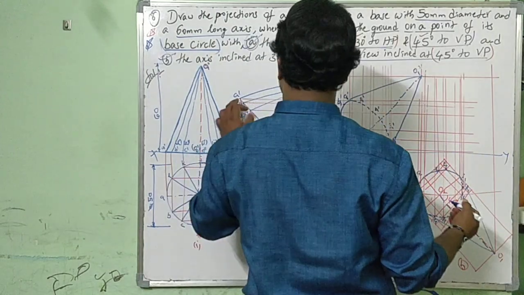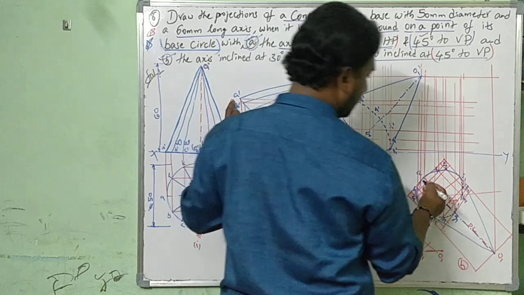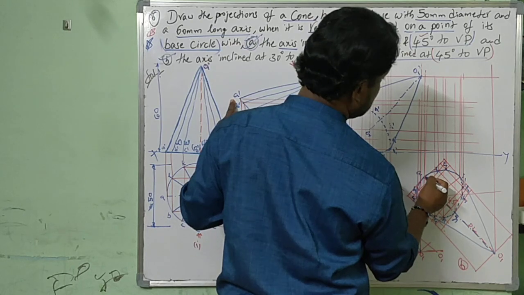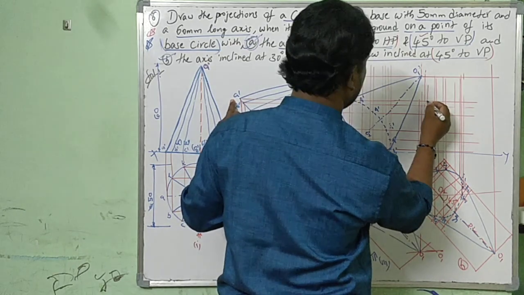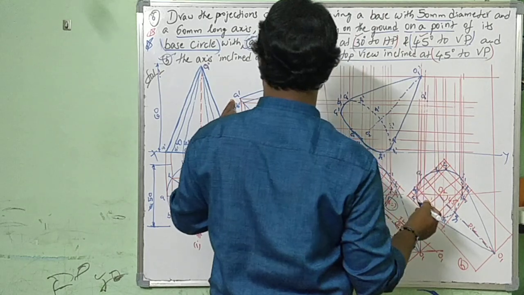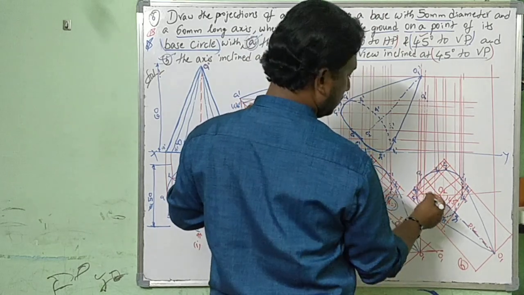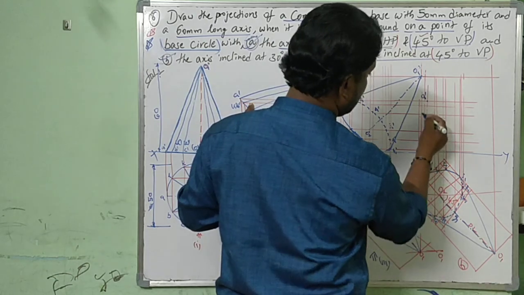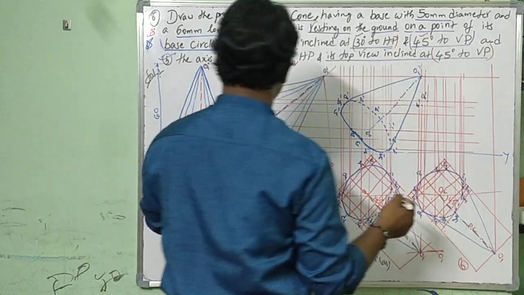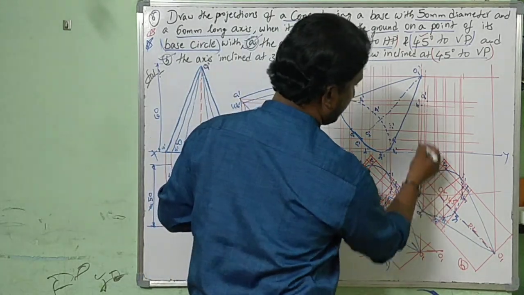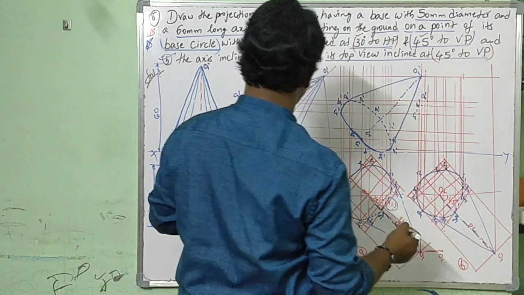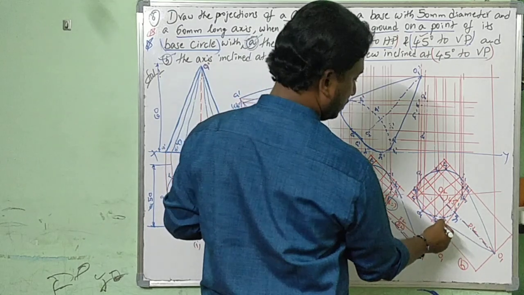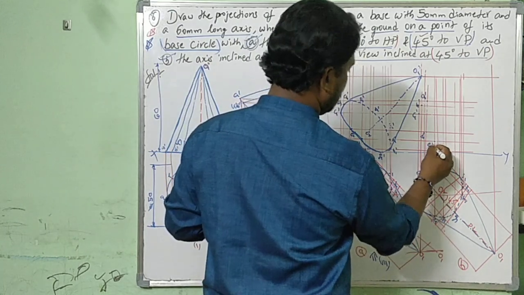Pick the points from A to A1. Again here I can write A1 dash, B, B1 dash, C, C1 dash, D, D1 dash, E, E1 dash.